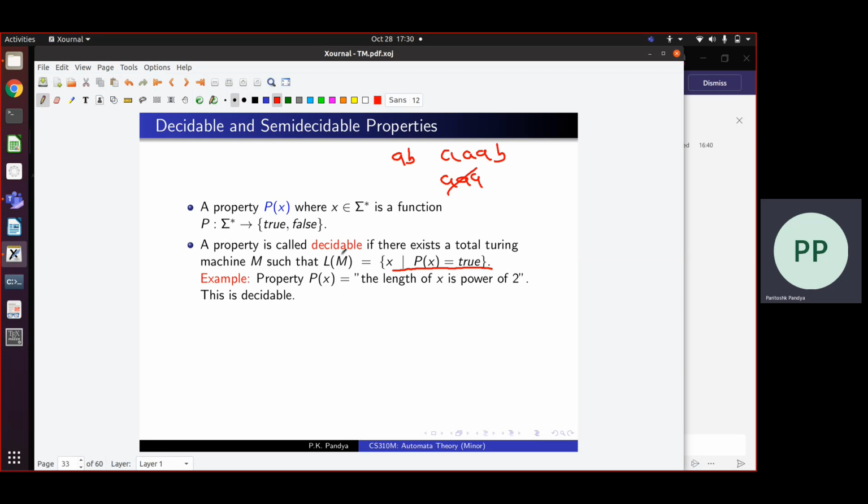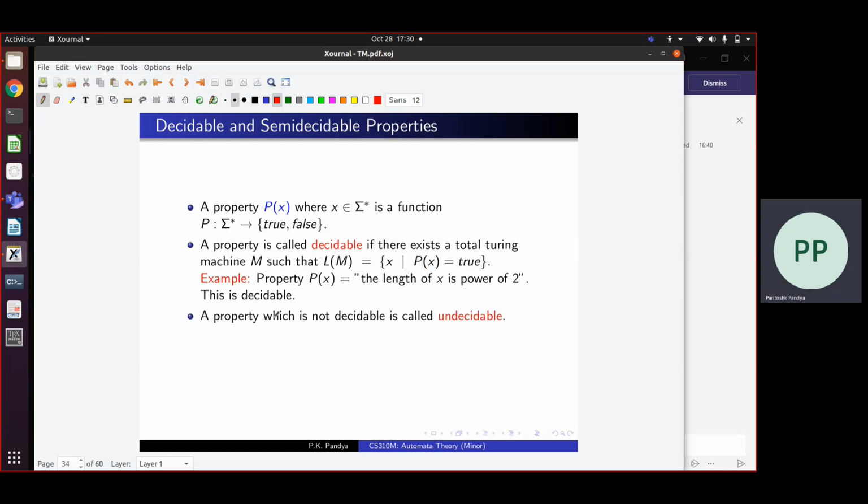And if we can find a total Turing machine which accepts exactly this language, then we say that this property is decidable. Saying that this property is decidable is the same as saying that the characteristic language of that property is recursive. So recursive and decidable are the same. A property is decidable if its characteristic language, which is given as this set, is recursive. That is the definition of decidable, right?